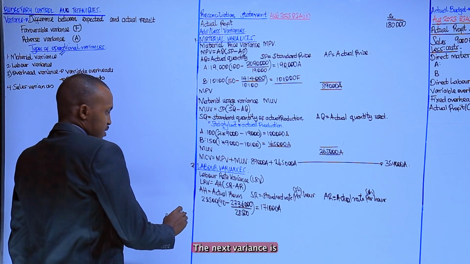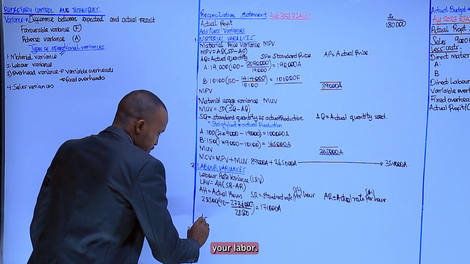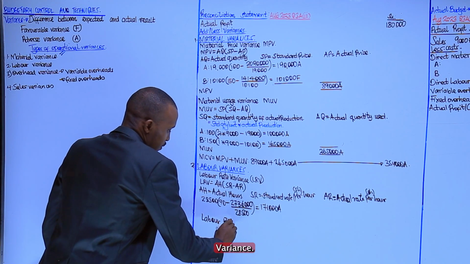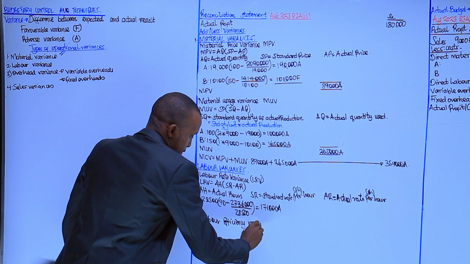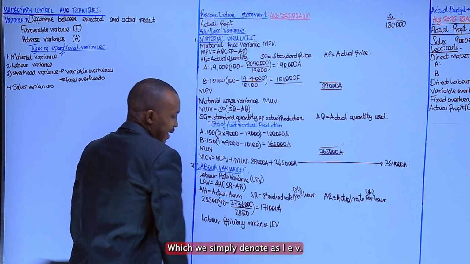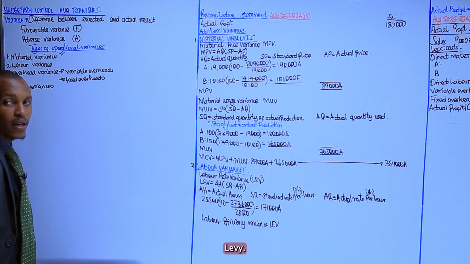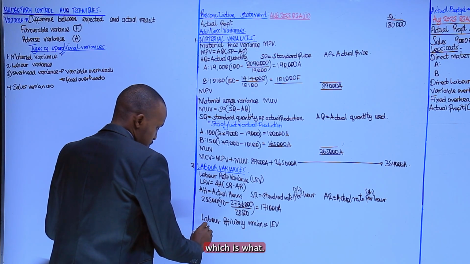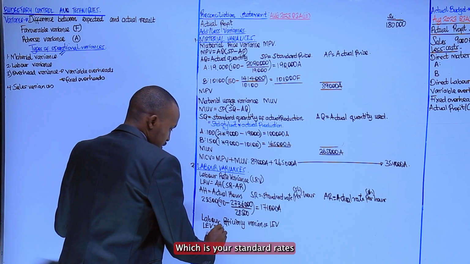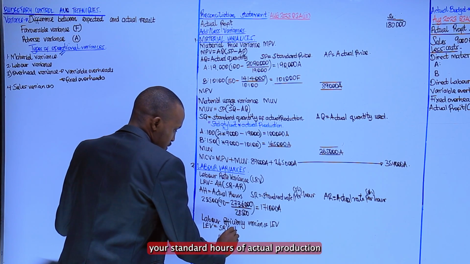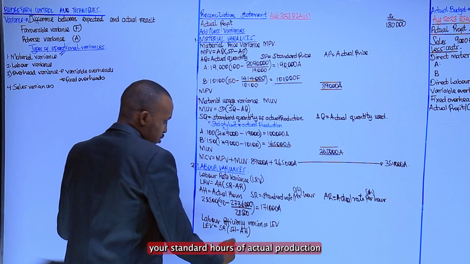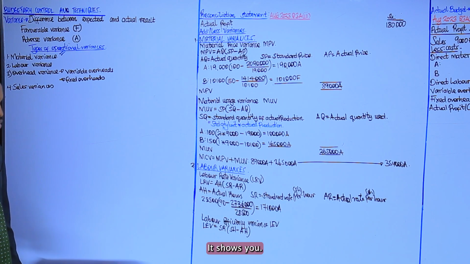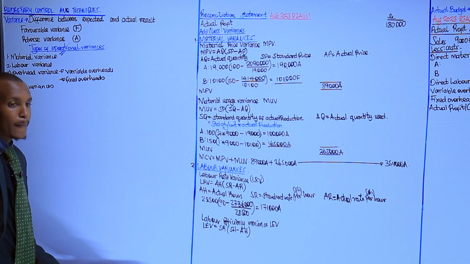The next variance is your labor efficiency variance, which we simply denote as LEV. It is your standard hours of actual production minus your actual hours, at the standard rate.